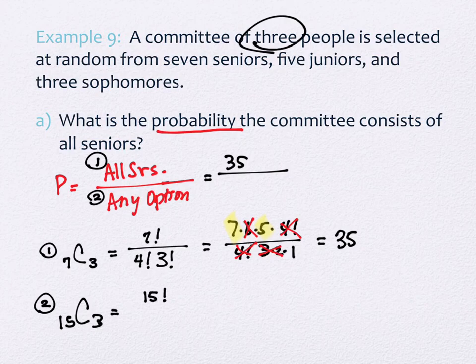So I have 15 factorial. How many are not going to get picked at all? 12. And 3 are. So my denominator has my 3 and my 12 in it. How many are and are not getting picked?